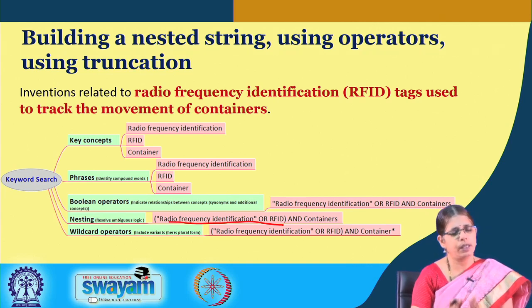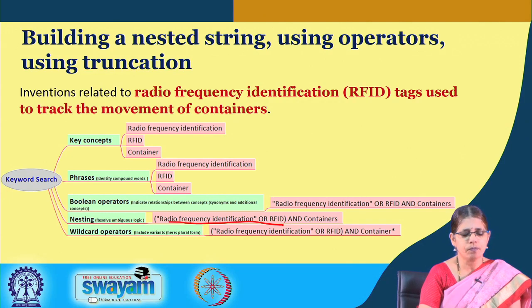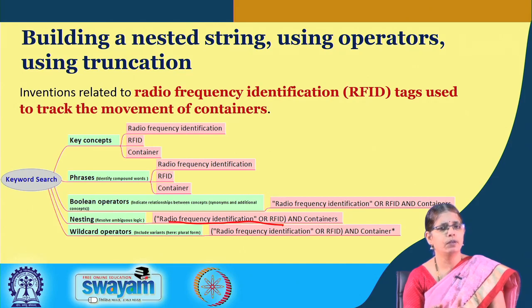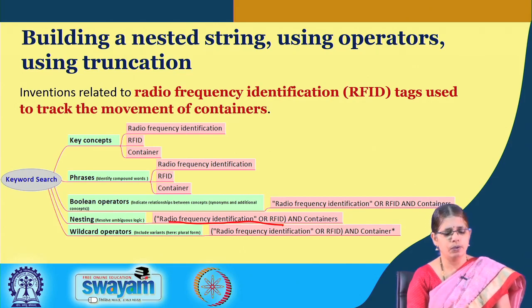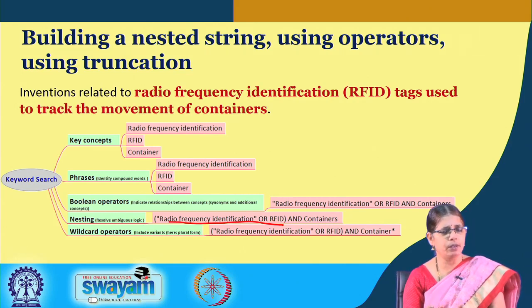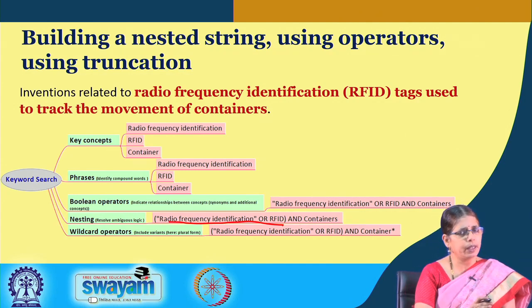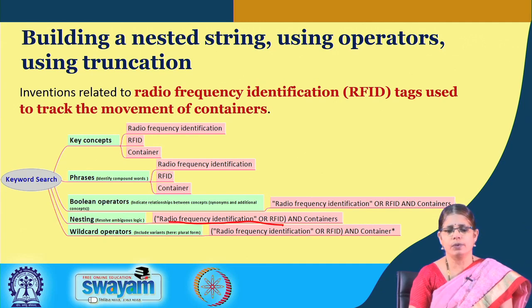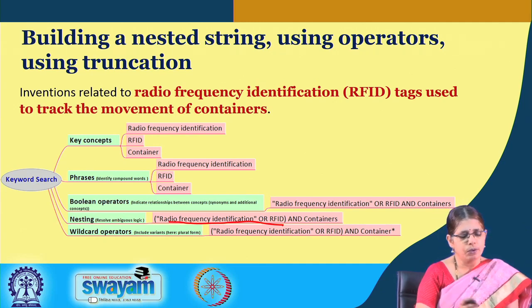So, that is how nesting is done. Now, one can do this kind of nesting with containers also. You can say receptacle, you can use other options. So, you can say and then there could be another nest. So, you can actually create a whole lot of nested options in relation to different sets of keywords. So, that is the advantage of using nesting as an option.